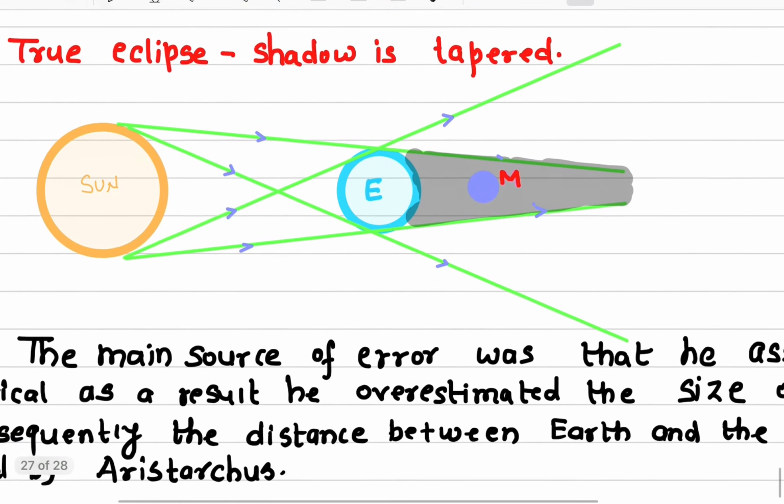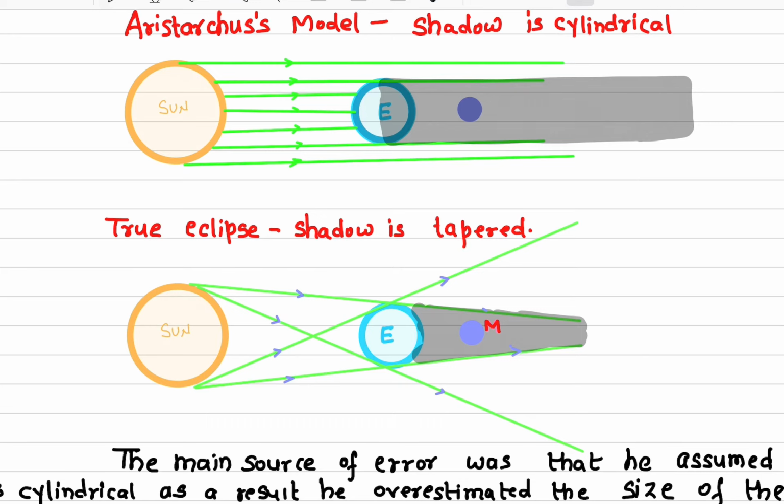The main source of error was his assumption that all the light rays from the sun coming to the Earth's surface are parallel, or in other words, the shadow cast by the sun onto the Earth's surface during the lunar eclipse is perfectly cylindrical. That's not the case. The shadow is a rather tapered structure.